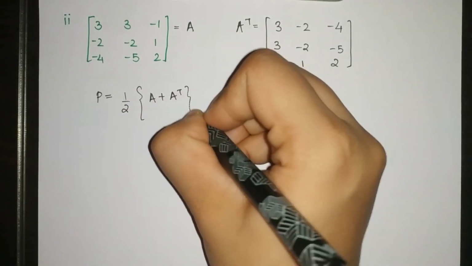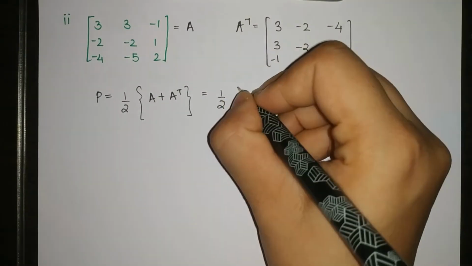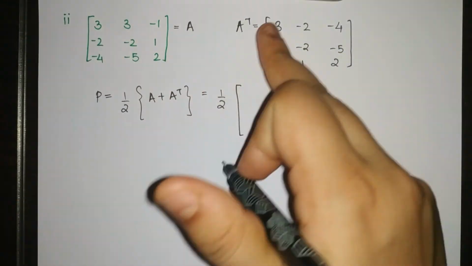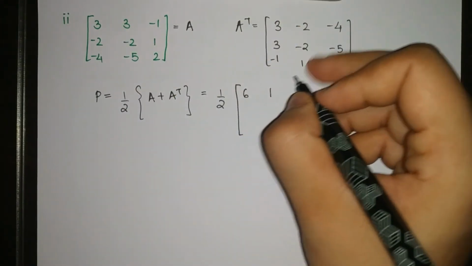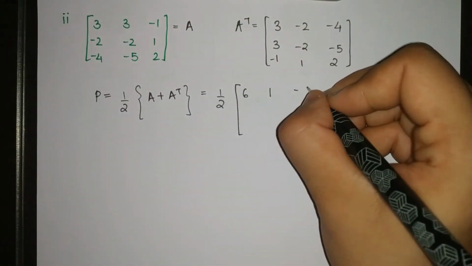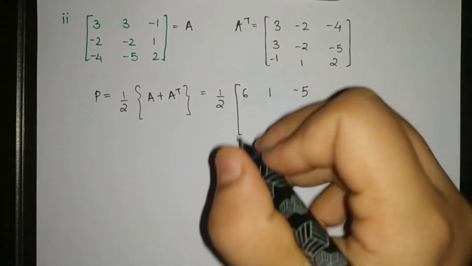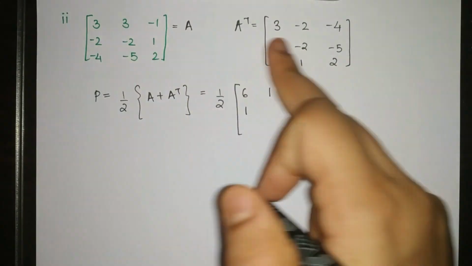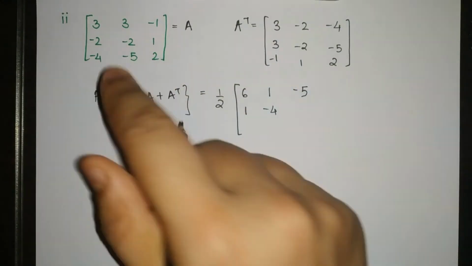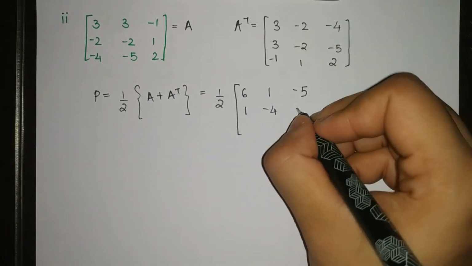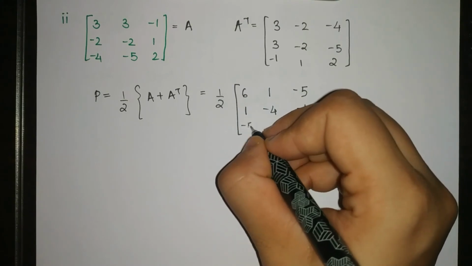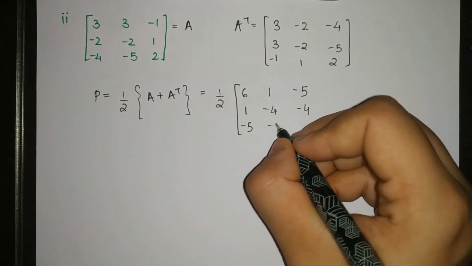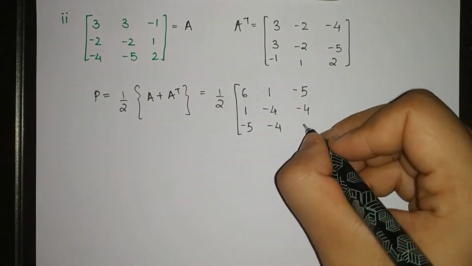Okay. तो let's do this directly only. इन दोनों को add कर देते हैं. 3 plus 3 is 6. 3 minus 2 is 1. -1 minus 4 is -5. Then next, -2 plus 3 is 1, -2 minus 2 is -4, then 1 and -5 is -4. Next, -4 minus 1 is -5, -5 plus 1 is -4, and 2 plus 2 is 4.